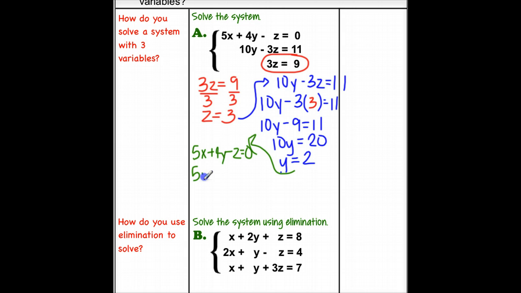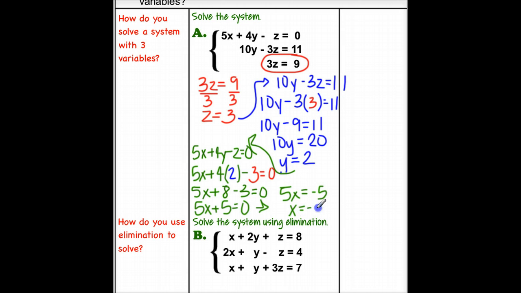So 5x plus 4 times our y value of 2 minus our z value of 3 should equal 0. 5x plus 8 minus 3 equal to 0. 5x plus 5 is equal to 0. Subtract 5 from both sides. 5x equals negative 5. Divide both sides by 5 and we get x equals negative 1.